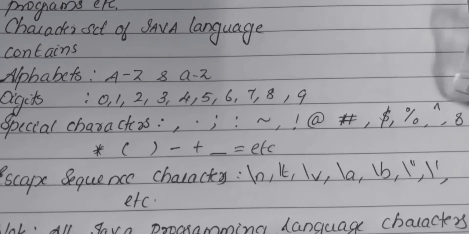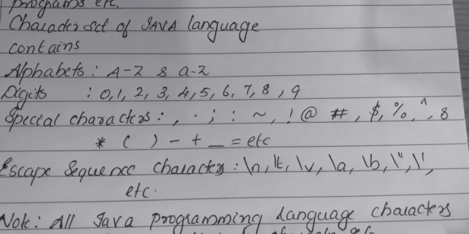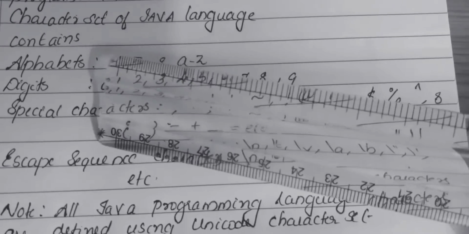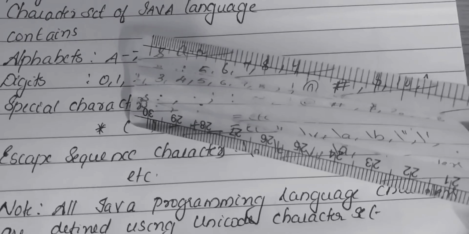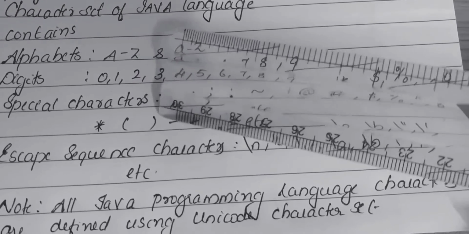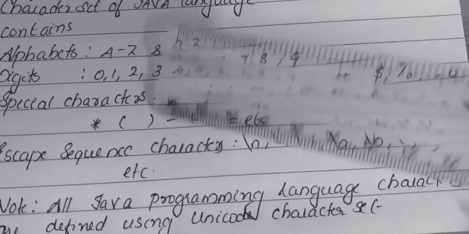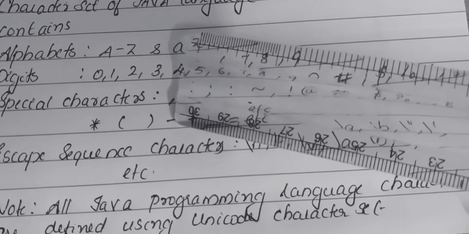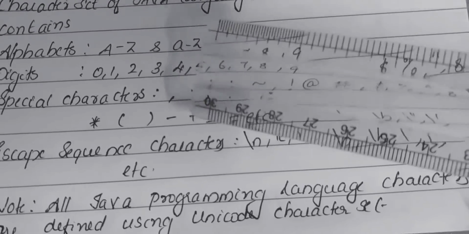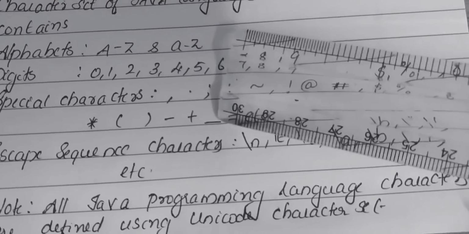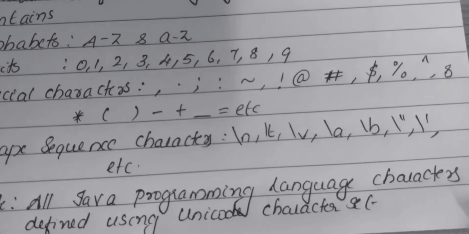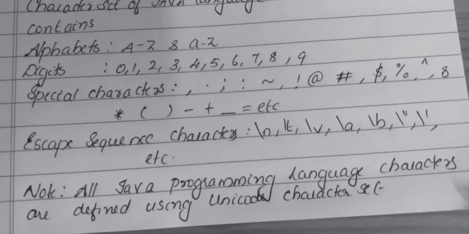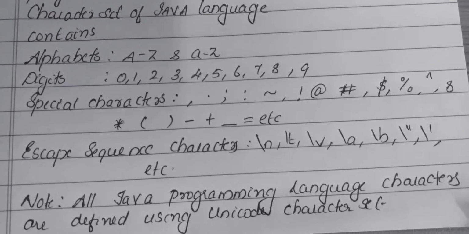Then power symbol, then AND operator, then multiplication. Then open parenthesis and closing parenthesis. Then minus operator, plus, hyphen, equal to, etc. So our Java character set consists of these special characters also.